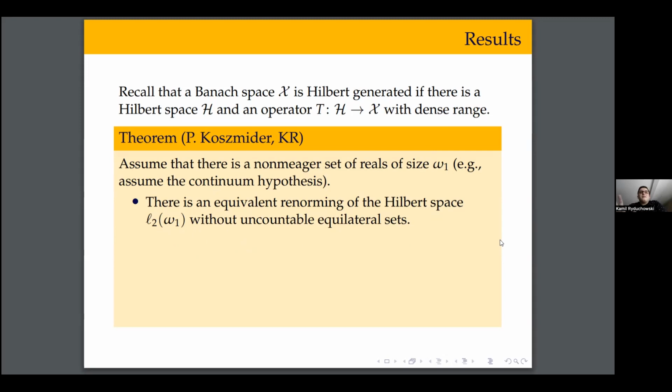Now let's say that we want neither equilateral nor separated sets. How good examples can we have?